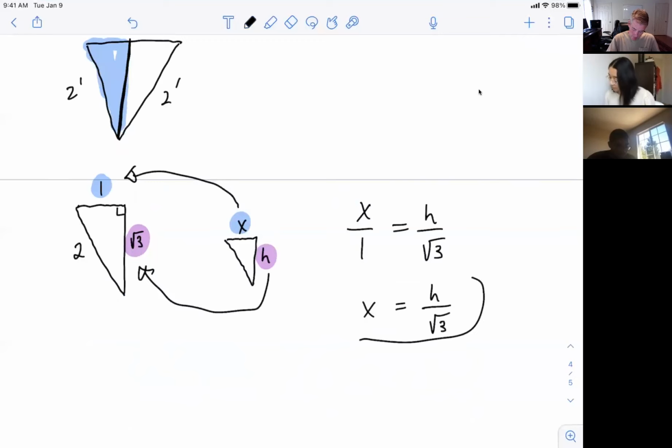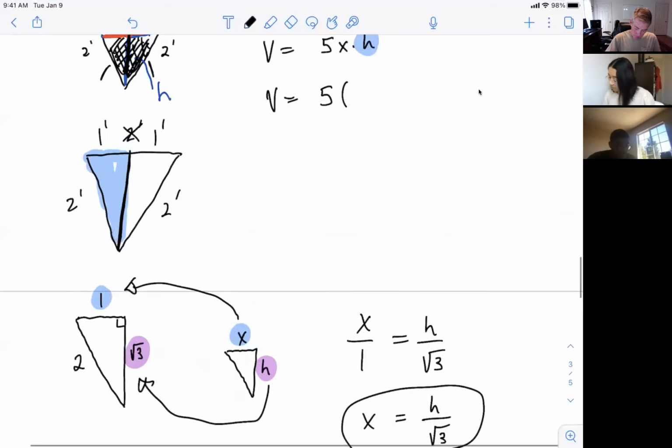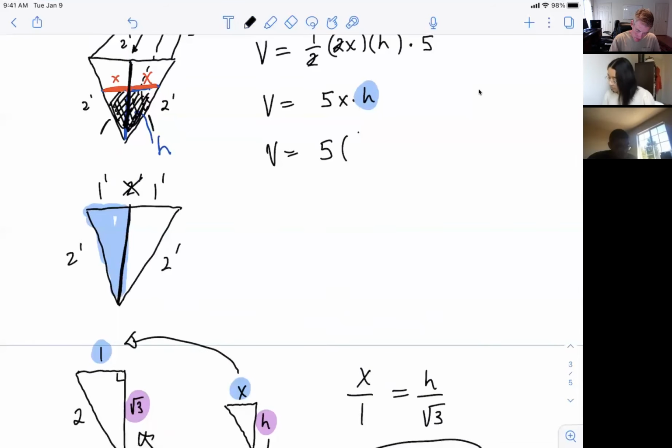Yeah, that's the one we need. So H divided by square root of 3 replaces the X, and then there's that extra H right there. Or in other words, after all of that work, 5 divided by square root of 3 times H squared.